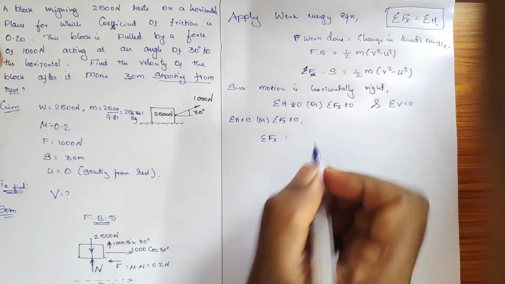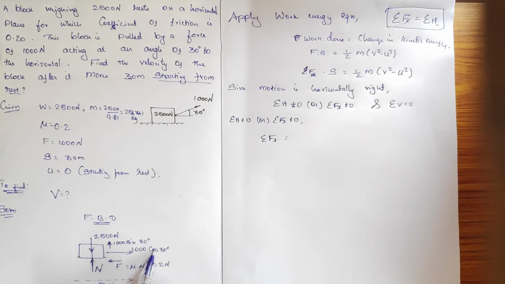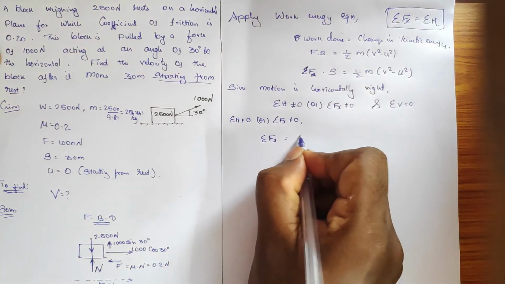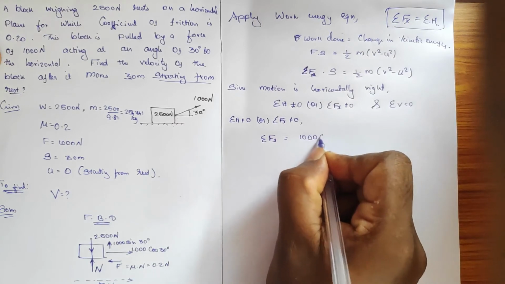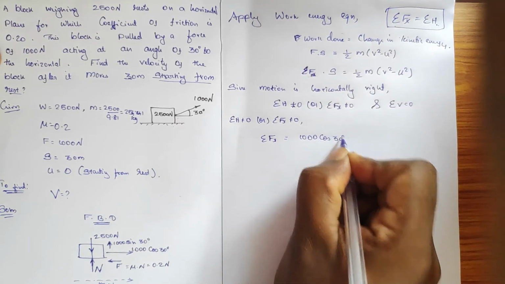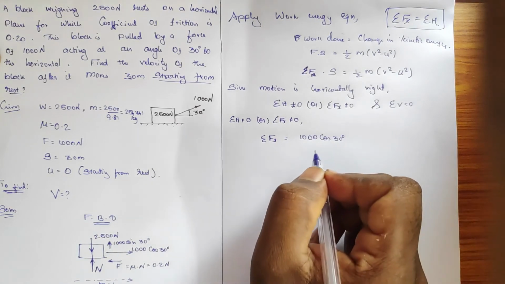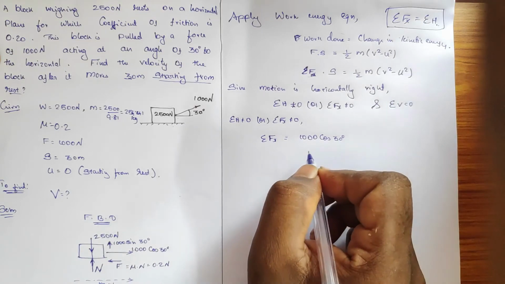So if I apply here, horizontal forces are 1000 cos 30 degree and friction force. Only two forces are acting. So here 1000 cos 30 degree, right, which is directed towards the right side.